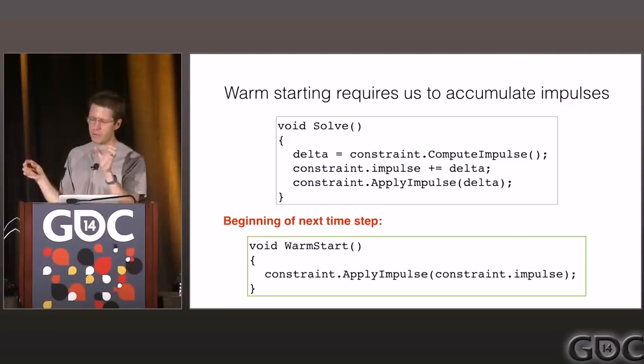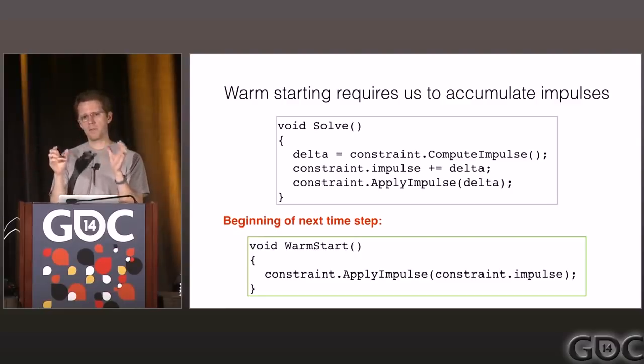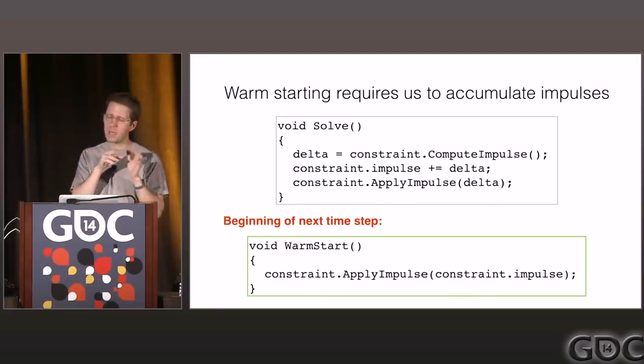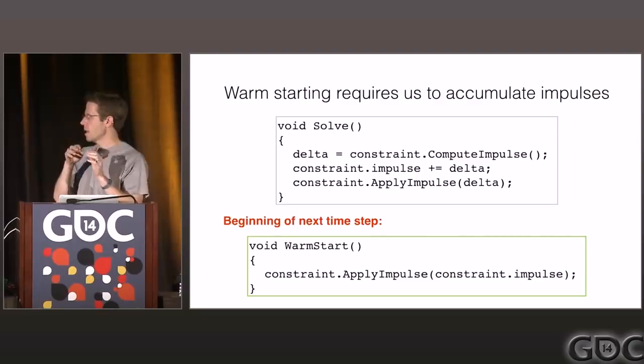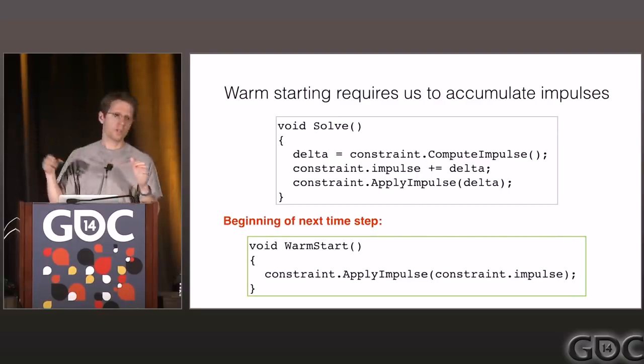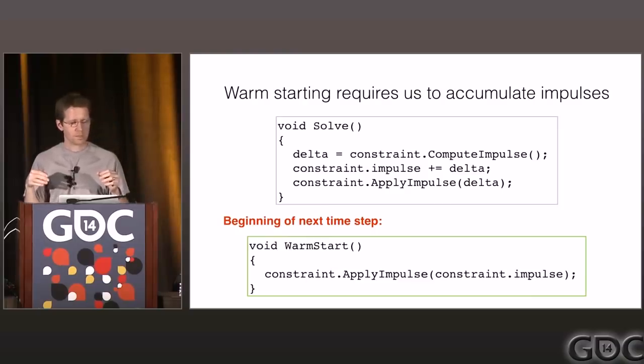Okay, so now at the end of the time step, I have stored this accumulated impulse. And then I bring that around to the next time step. The next time step at the beginning might apply gravity, and then I just apply that stored accumulated impulse. And then I go start my iterations.